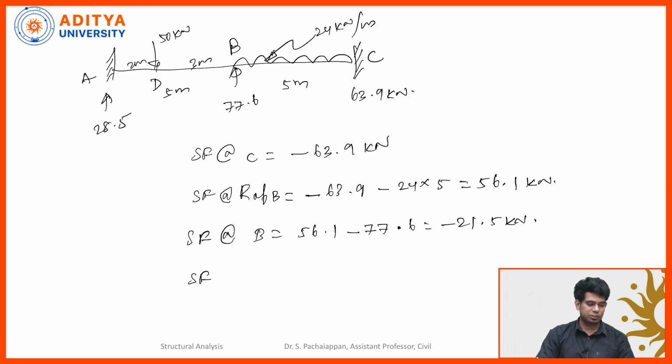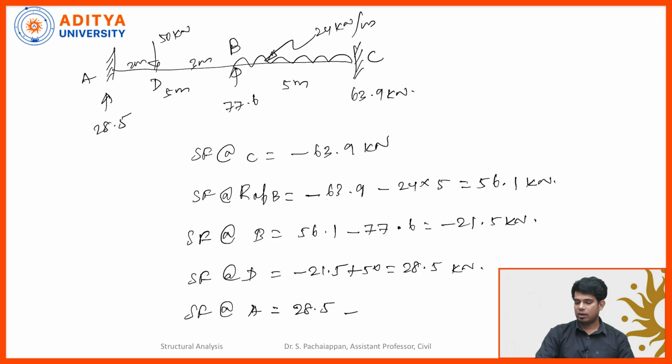Then shear force at the point D equal to minus 21.5 plus 50, which is 28.5 kilonewton. And shear force at the point A, 28.5 and upward we have minus 28.5, it will become 0. So exactly it will end up with 0.